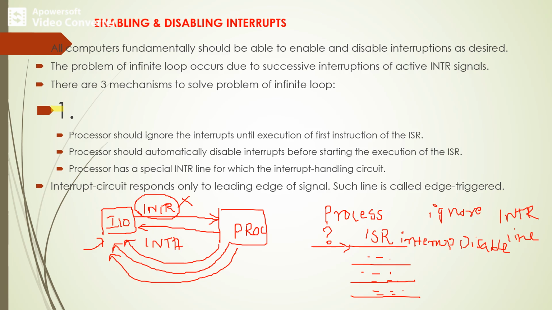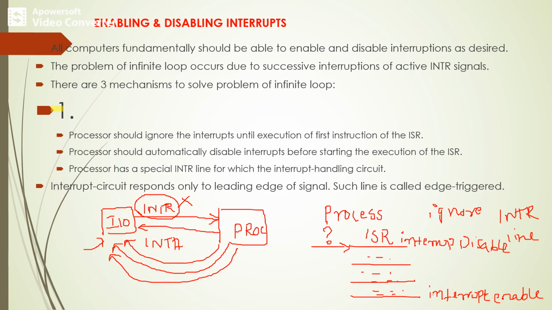Before returning from the ISR, that means at the end of the ISR, once again we can enable the interrupt, because that IO device may need the interrupt enable signal in future.